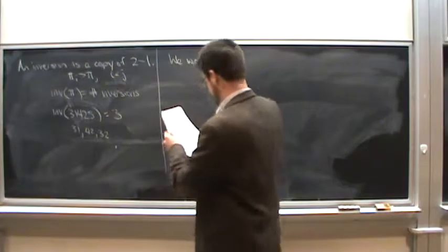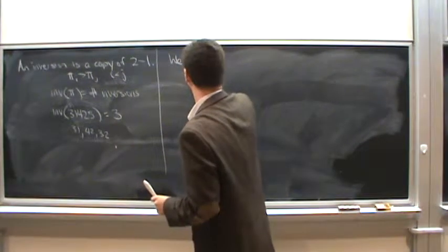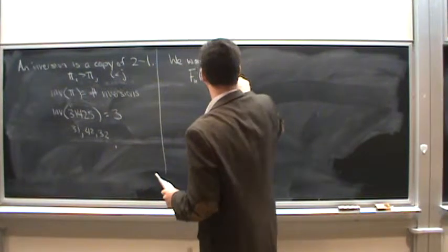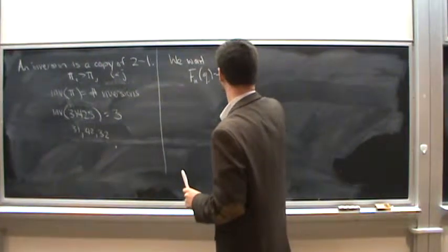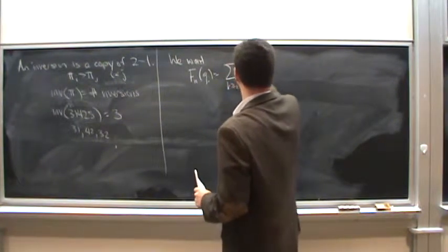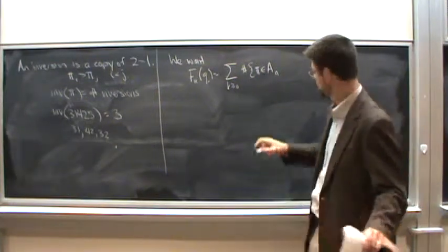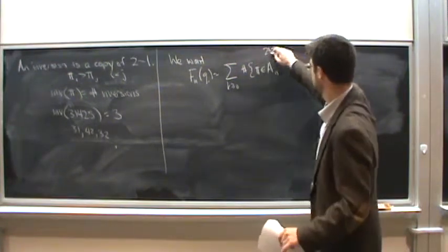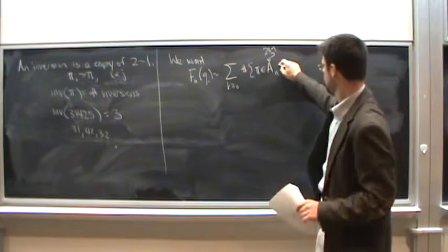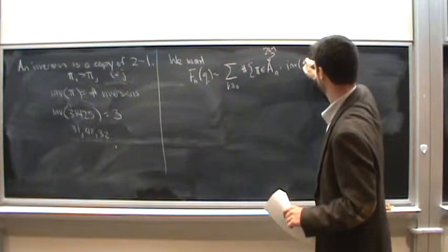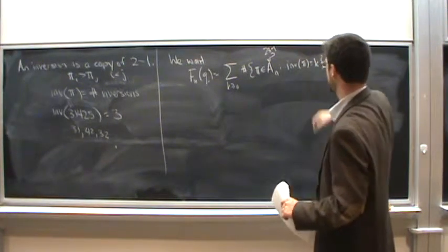We want this: the number of permutations avoiding 2-3-1 still with inversion number k.